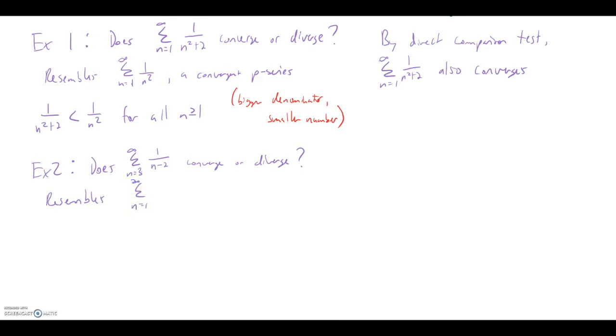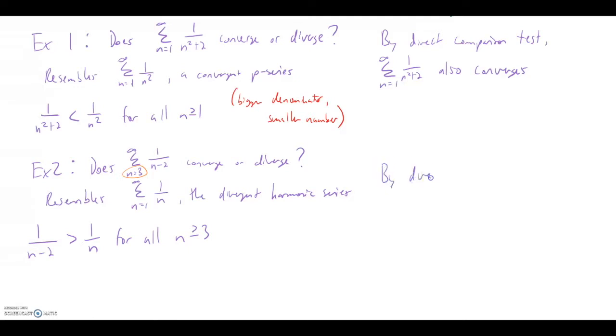And so right now this series resembles the harmonic series 1 over n, a series which we know is divergent. All the terms for 1 over n minus 2 are greater than the terms for 1 over n, because we are dealing with a smaller denominator than that series 1 over n. And this is true as long as n is greater than or equal to 3. Again, just working off the index that we started with on the original problem.